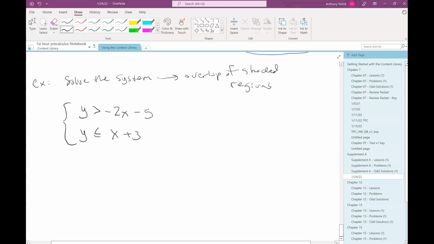Or graphically, what we're looking for is the overlap in those shaded regions for each inequality. So we'll do a couple examples here, and then we'll be done for today. Sound good?